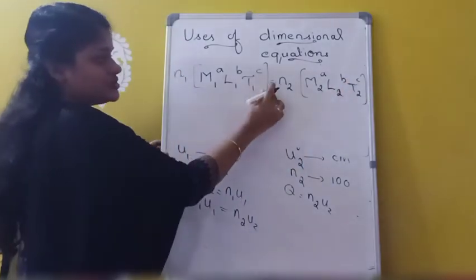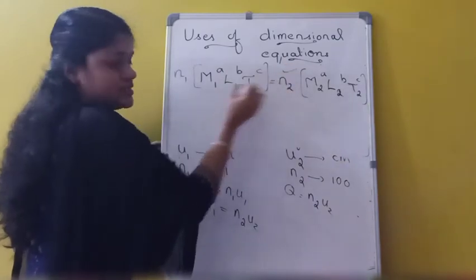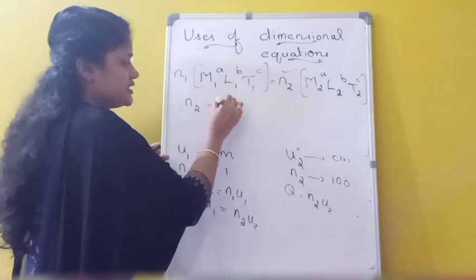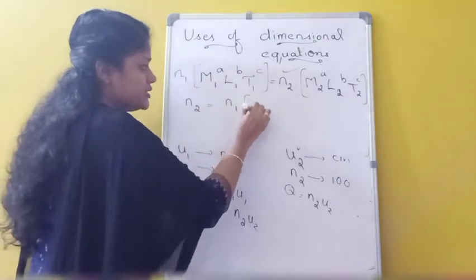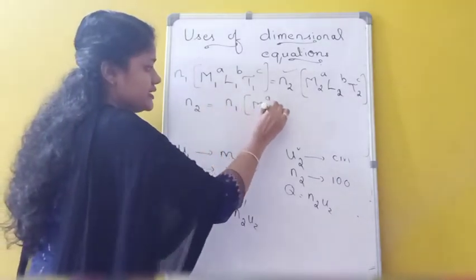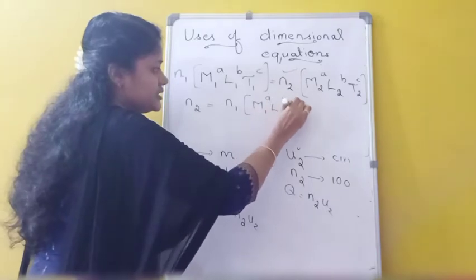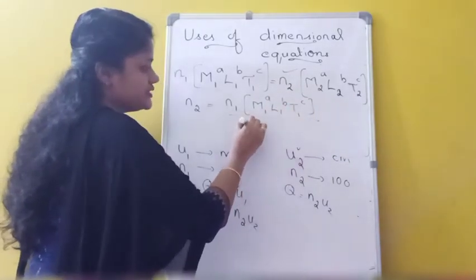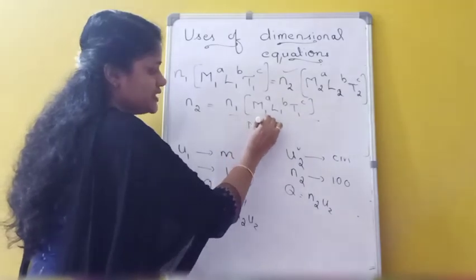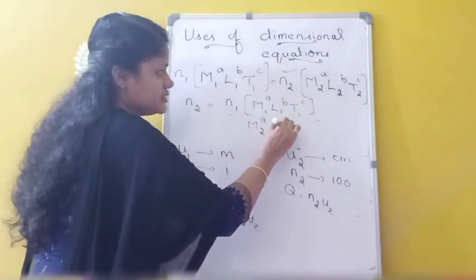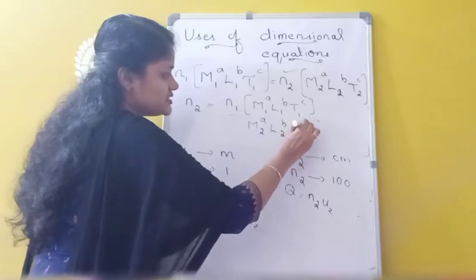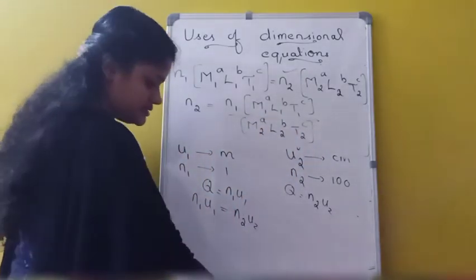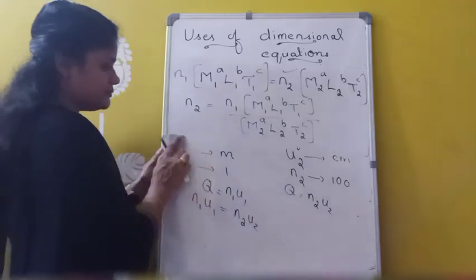Suppose I want to find the numerical value N2. How will you find it? N2 equals N1 into M1 raised to A, L1 raised to B, T1 raised to C, divided by M2 raised to A, L2 raised to B, T2 raised to C. The equal powers we can write together.